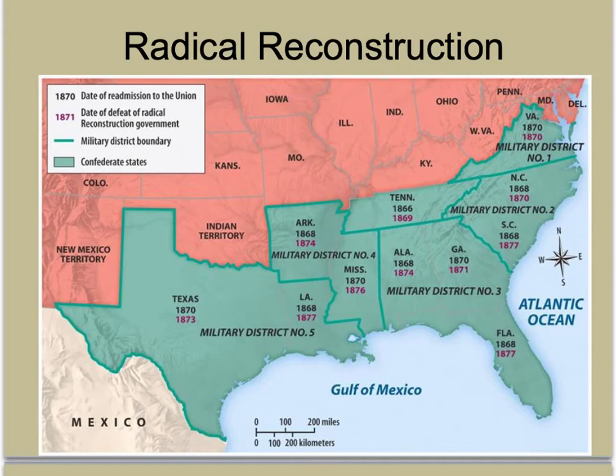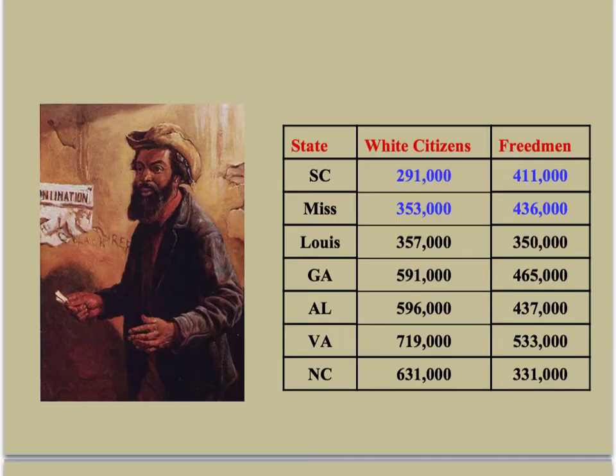And so you can imagine how white Southerners would feel about this federal presence in the South. But as one might assume, Johnson does veto the Reconstruction Act of 1867, only for this measure to be overridden by Congress later on.